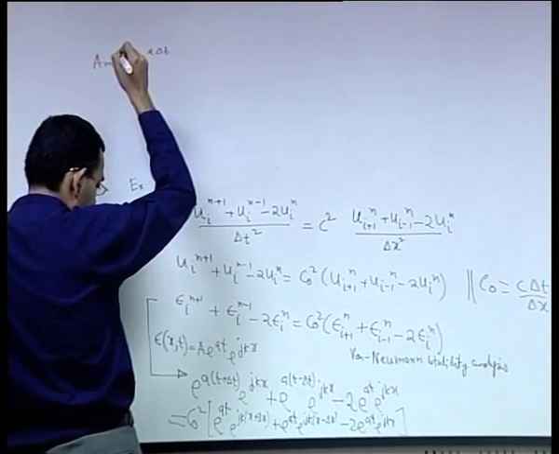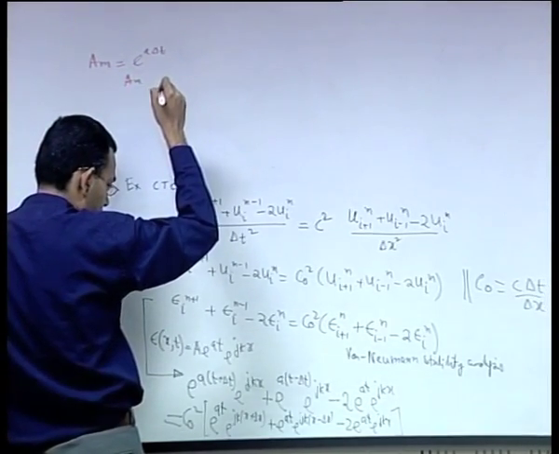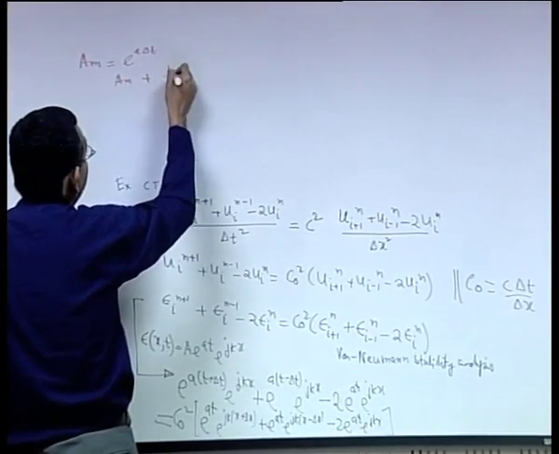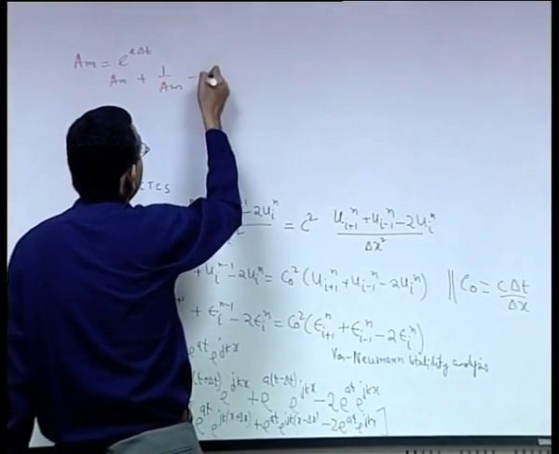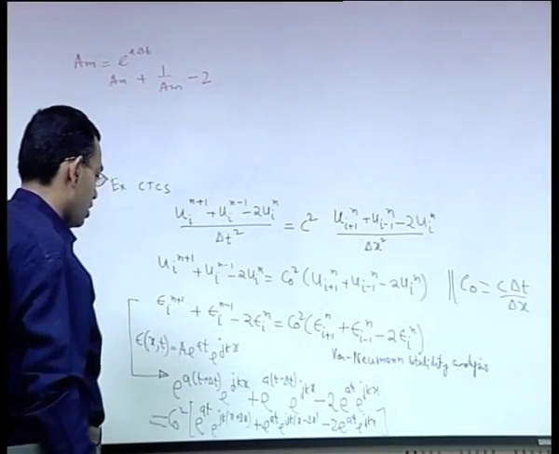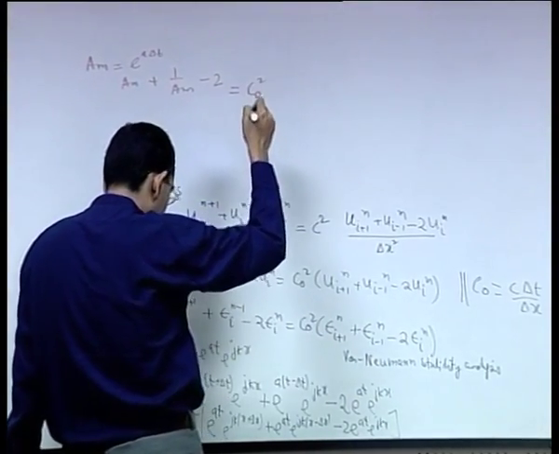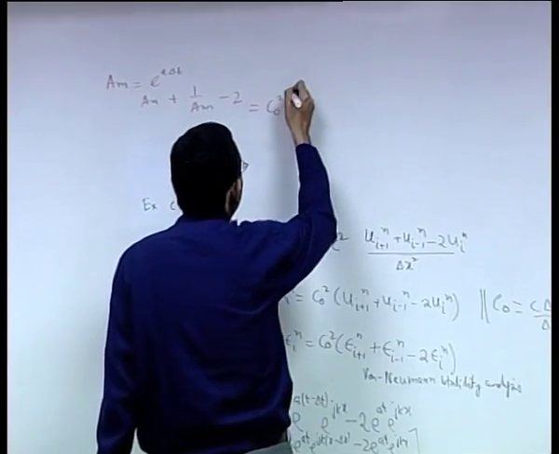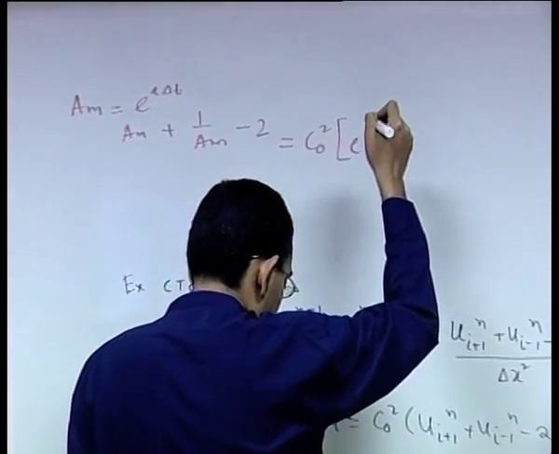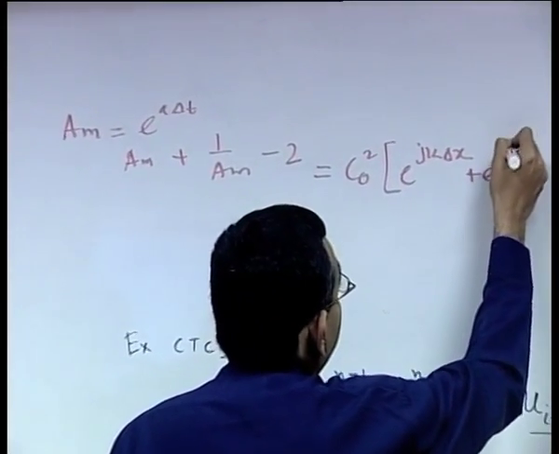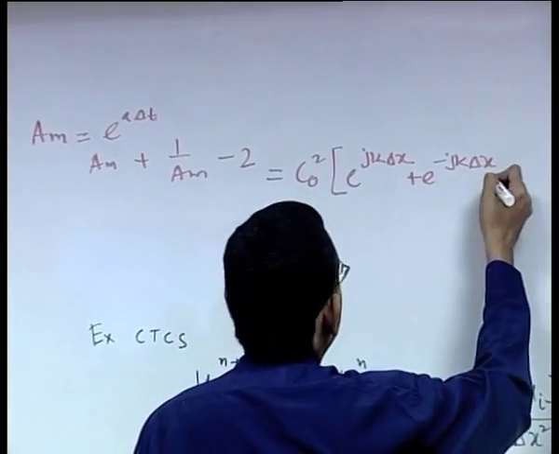So, we have amplification factor plus 1 by amplification factor minus 2 is equal to Courant number square into e to the power j k delta x plus e to the power minus j k delta x minus 2.